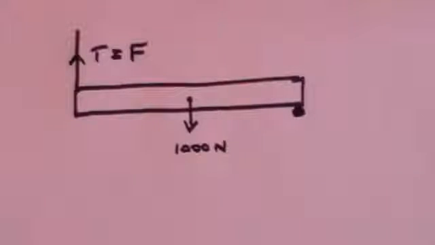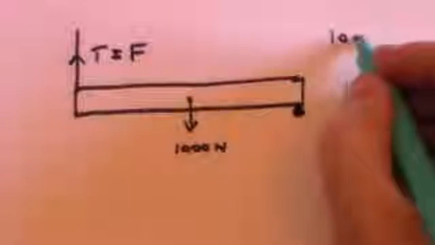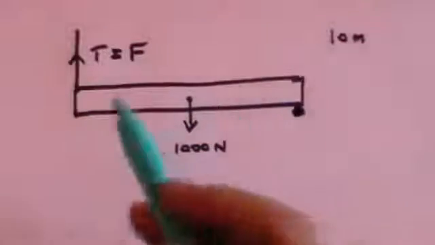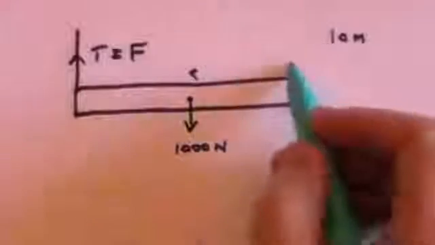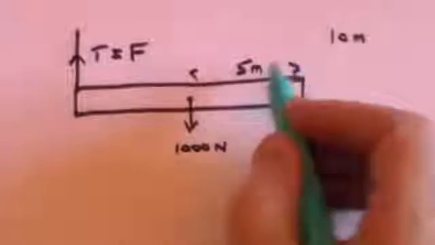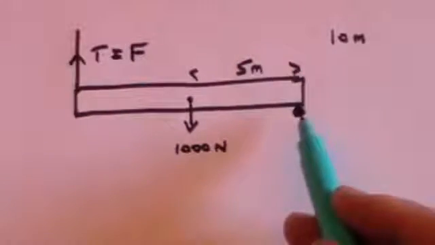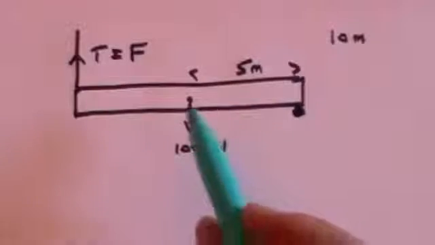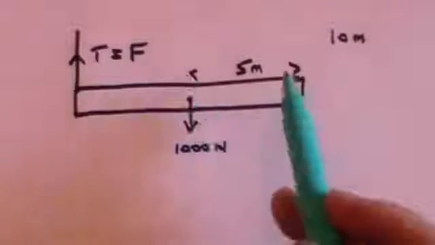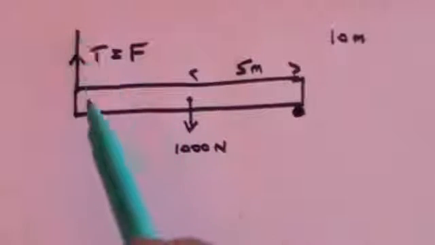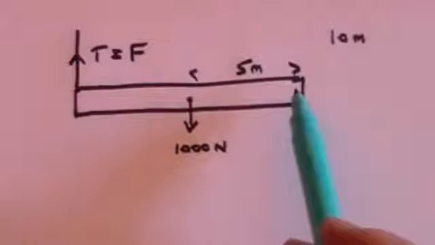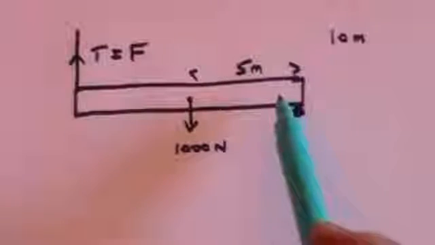It's a 10-metre long girder, which means that if this is the centre of mass, it operates at a distance of 5 metres from the pivot point. So essentially we've got a force acting downwards 5 metres from the pivot point, and we've got a force acting upwards which is 10 metres from the pivot point, because that's the length of the girder.